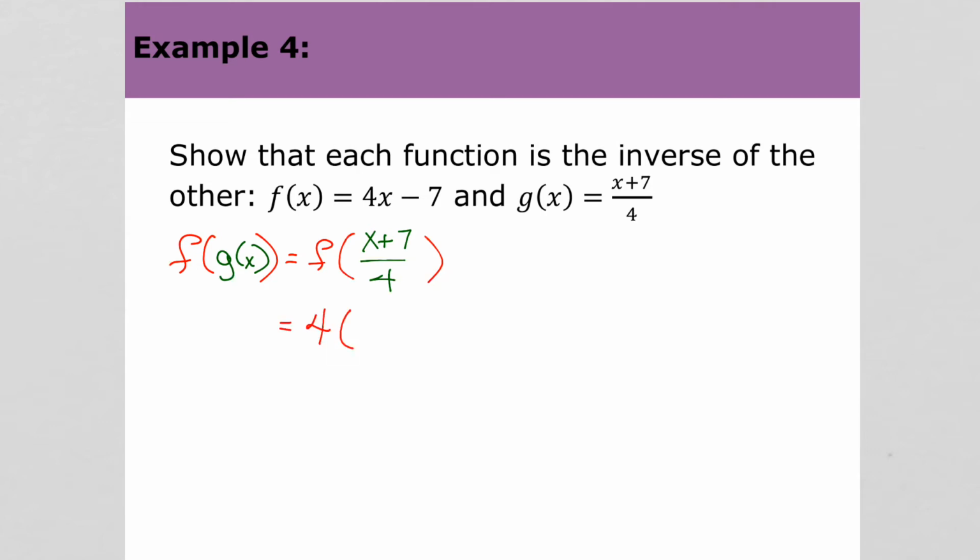So 4 times x plus 7 over 4, minus 7. And then we simplify. If we've got 4 times x plus 7 over 4, the 4's cancel out and we have x plus 7, then our minus 7, we get x. So far so good. Then we'll go and find g of f of x.